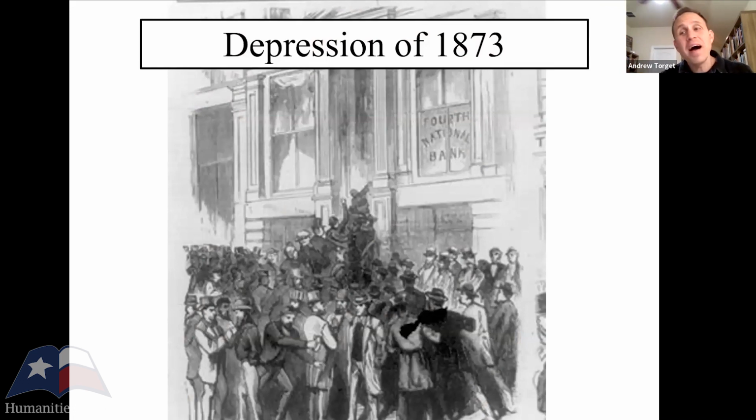Adding fuel to that fire is the fact that in 1873, there's a massive depression that hits the United States. And we've had a lot of these, but the Depression of 1873 is a massive, massive depression that we usually don't ever talk about, but it's worth pointing out to our students that the economy just went in the tank in a really big and powerful way.